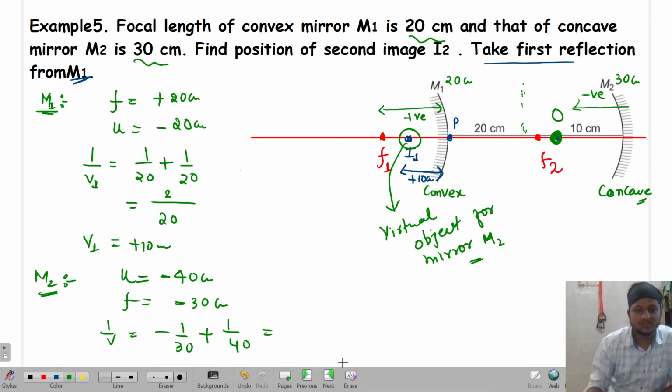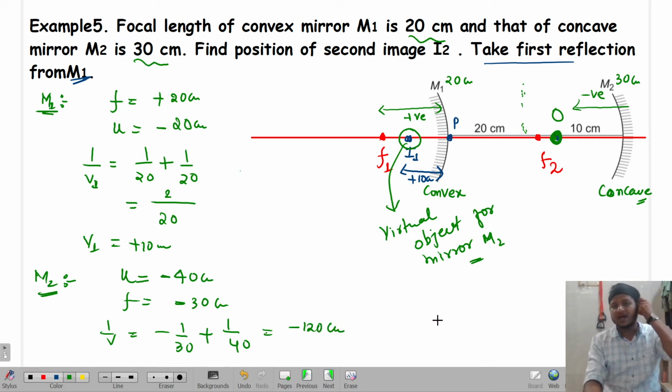If you solve this, we are going to get it equal to how much? Can you tell me? 120. Okay, so I'll get it to be minus 120 centimeter. So now I2 is formed from mirror M2 at a distance of 120 centimeter. Now look over here.